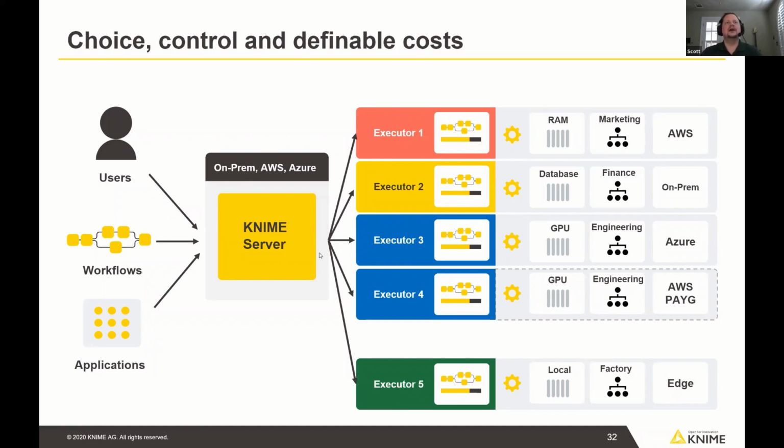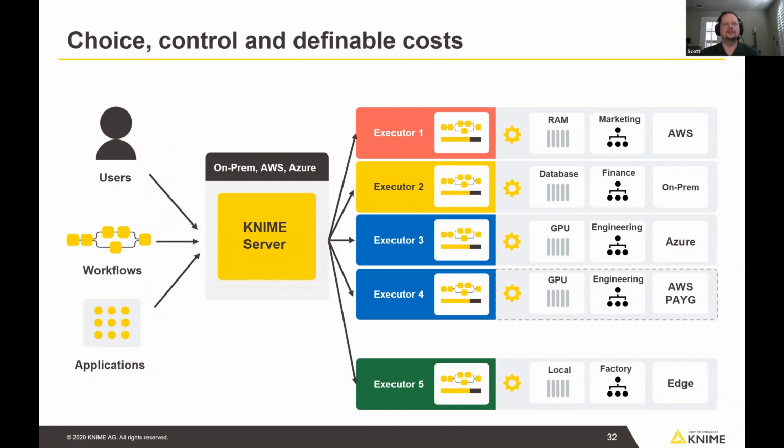Flexibility, right? And then the KNIME server is going to say, okay, now it's time for me to execute that workflow. I'm going to send it to what we call an executor, the piece of our software that actually runs the workflows. Now, I may have different executor groups, meaning different hardware that's dedicated and has different configurations according to the folks who are going to use it. So maybe, for example, my marketing team here in this red executor group 1, they have a need for higher RAM on their workflows.